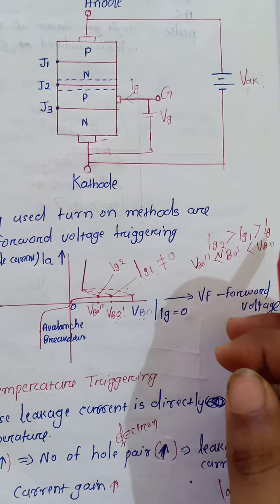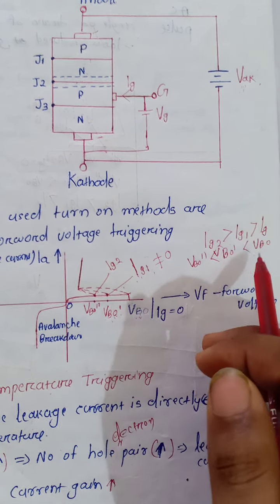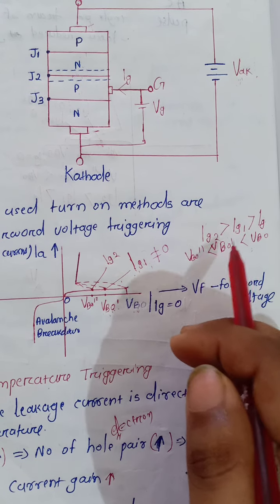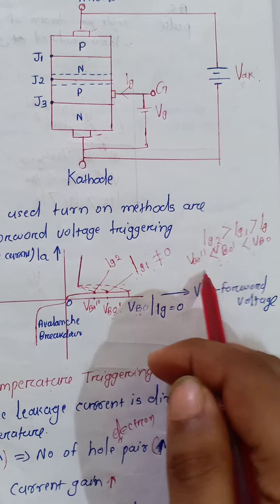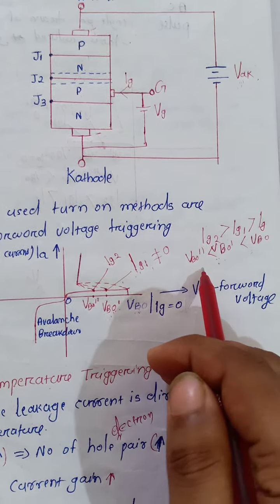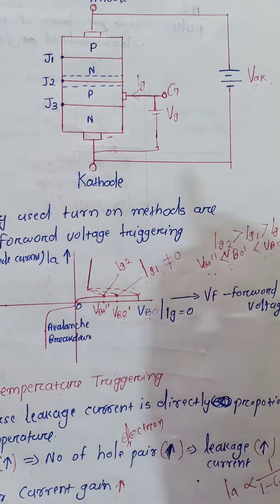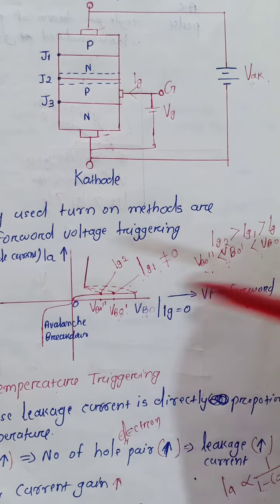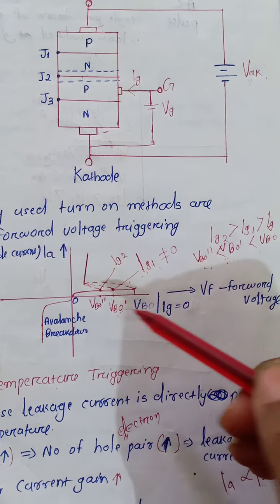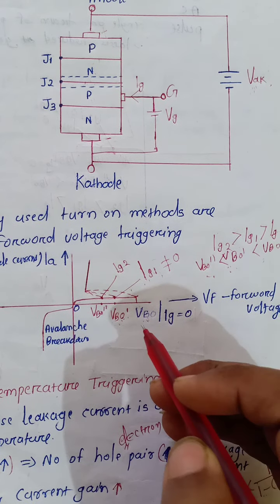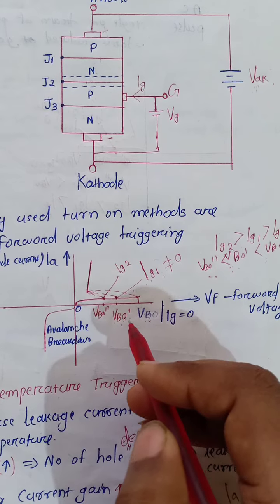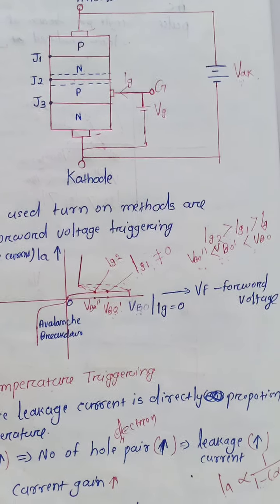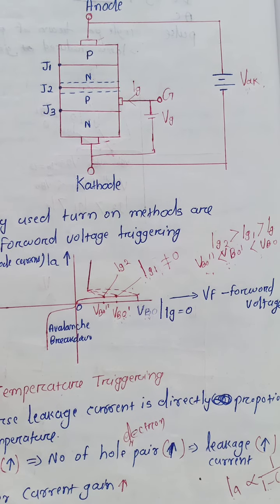So when Ig increases, the forward breakover voltage decreases. This is the most important concept you have to understand. When I increase the gate current, more electrons flow into the junction, so my breakover voltage is decreasing.